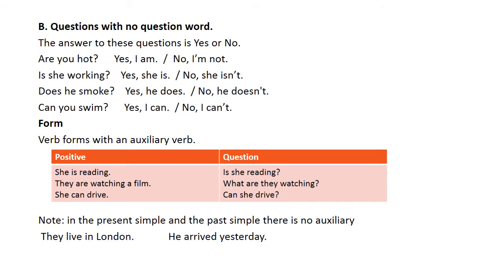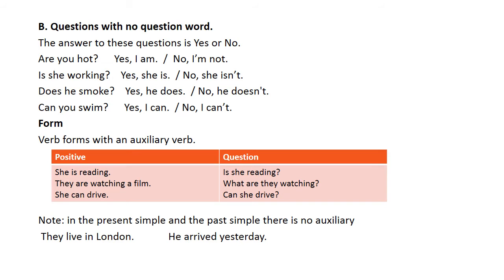Now we can talk about the verb form with an auxiliary verb. If it is positive: she is reading. They are watching a film. She can drive. The question for the first sentence, she is reading, we can make from this sentence and say, is she reading?